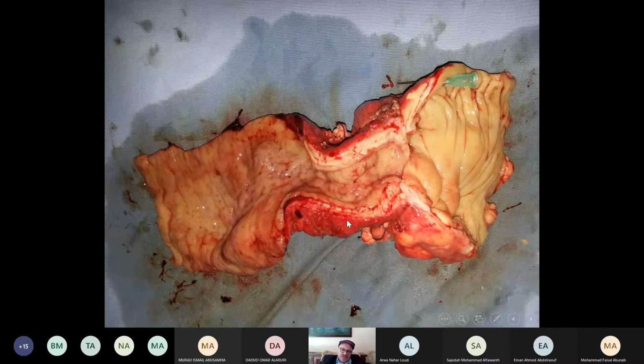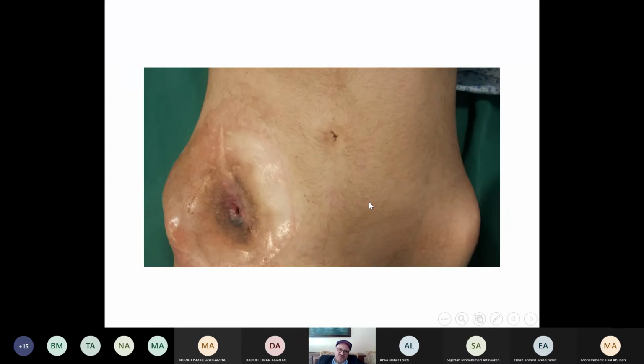If there are repeated attacks, the bowel will end with fibrosis and stricture. And this type of obstruction, the fibrosing type of obstruction, will not heal by the medical treatment. And these are the cases that need surgery.